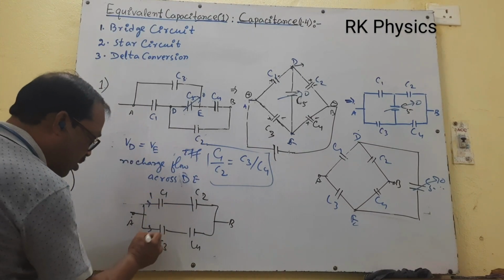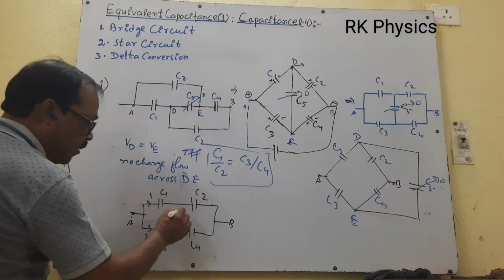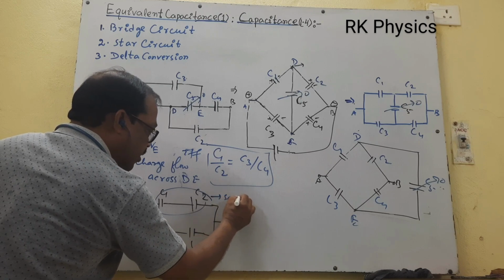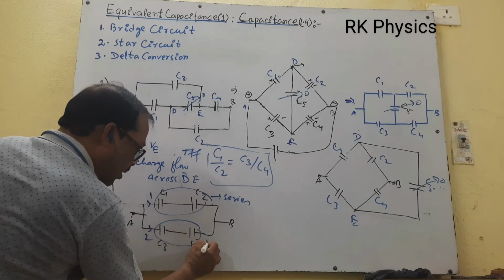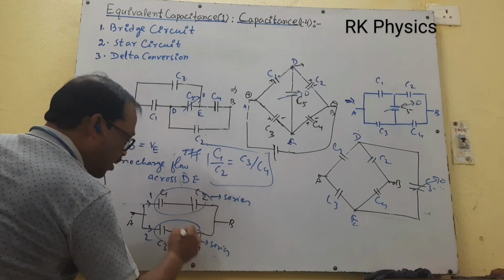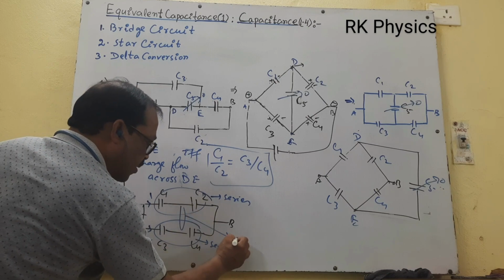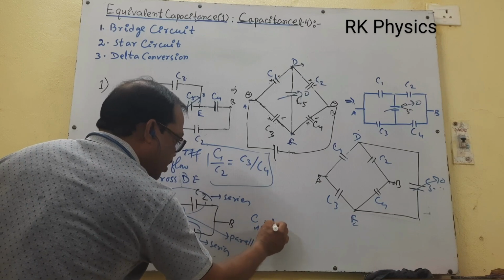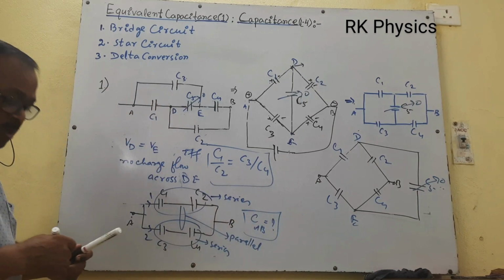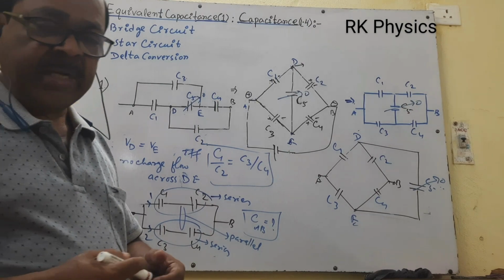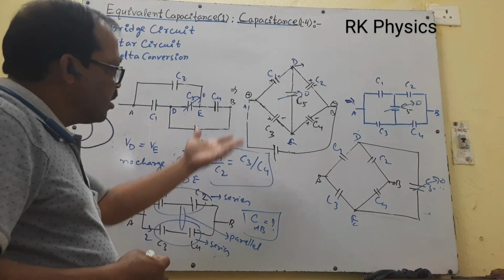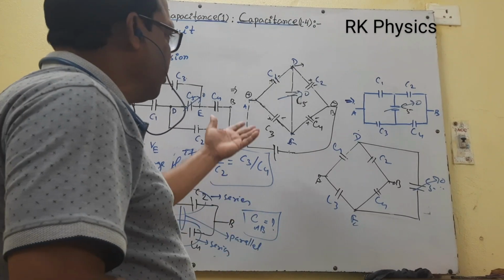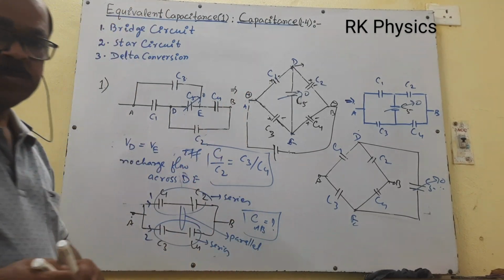Both paths are parallel, and in each path there are two capacitors in series. So it is possible to calculate the equivalent capacitance if C1, C2, C3 and C4 are given. C5 may or may not be given, but it is not used.